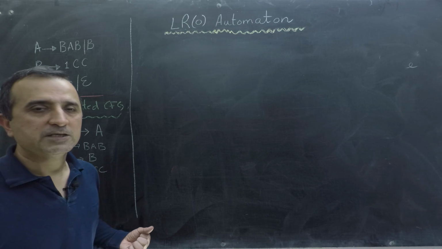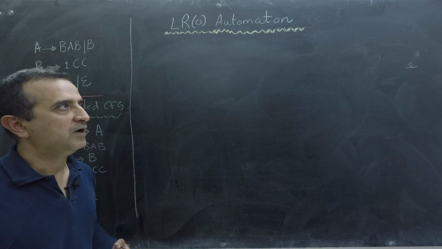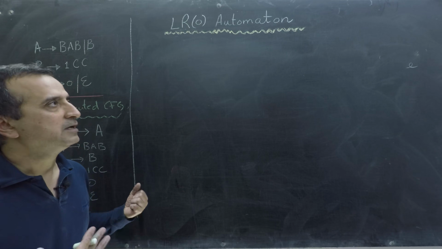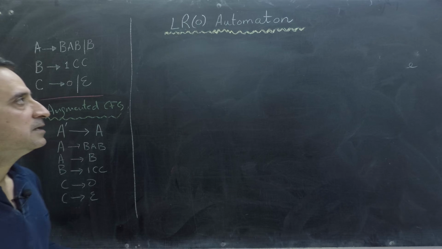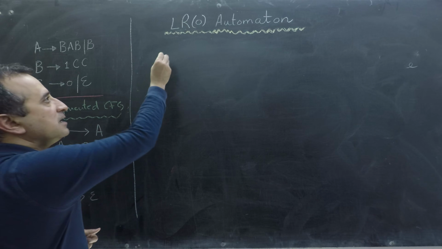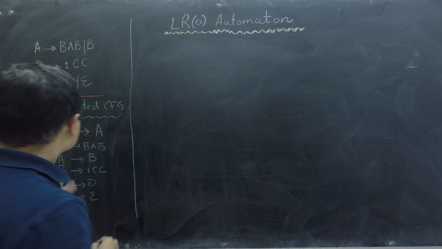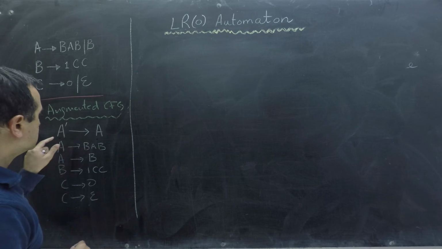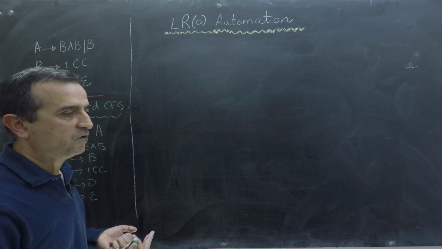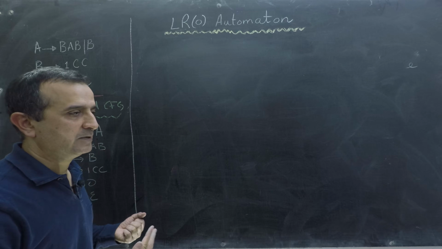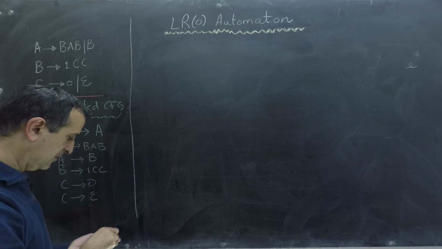The first step is to create the start state of our LR0 DFA. In the start state, I add the new production of the new start symbol that I have just introduced.